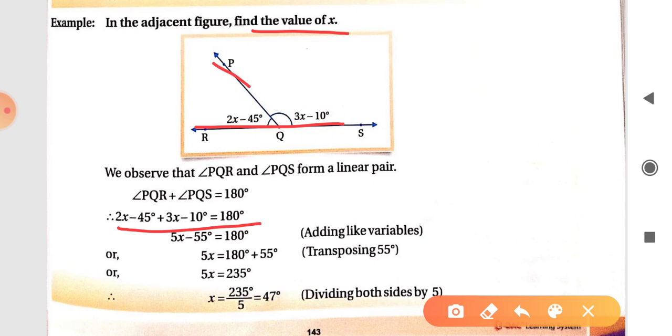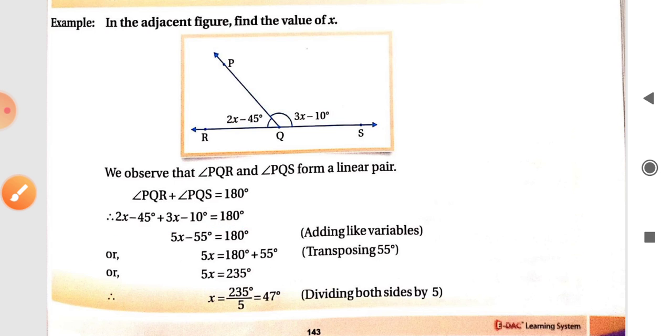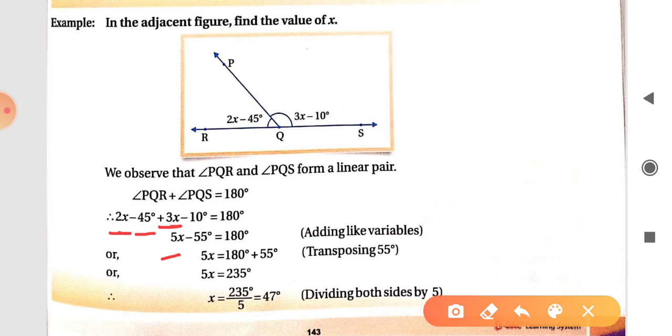The value of angle PQR is 2x minus 45, and the value of angle PQS is 3x minus 10, and it is equal to 180. Then 2x plus 3x, these are like terms. Add these terms: 2x plus 3x is 5x, and minus 45 minus 10 are constants, and their value is minus 55, equal to 180.